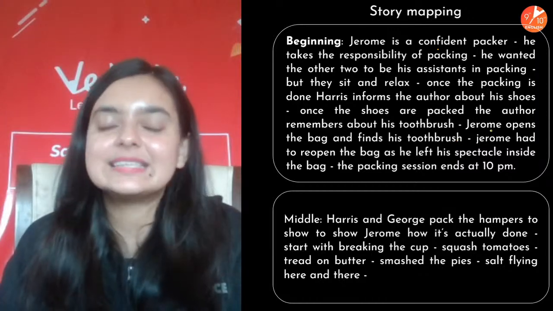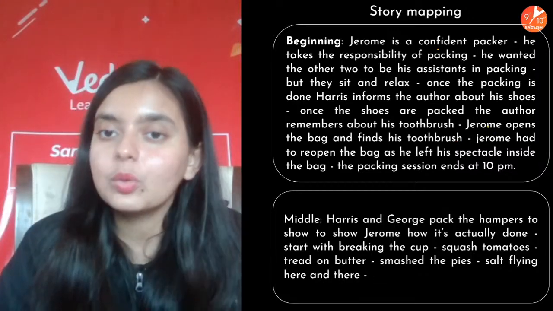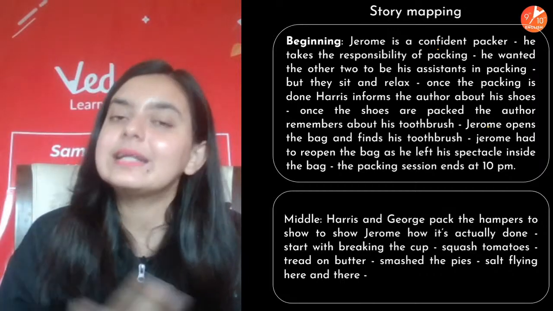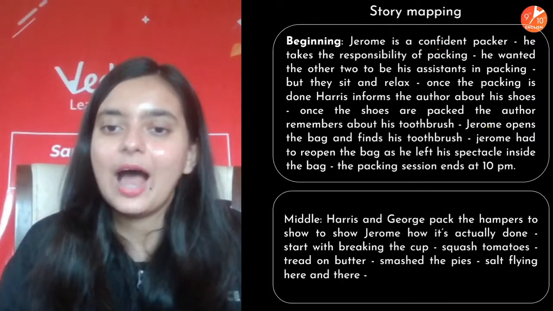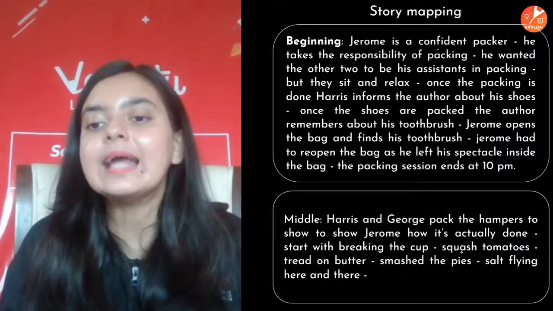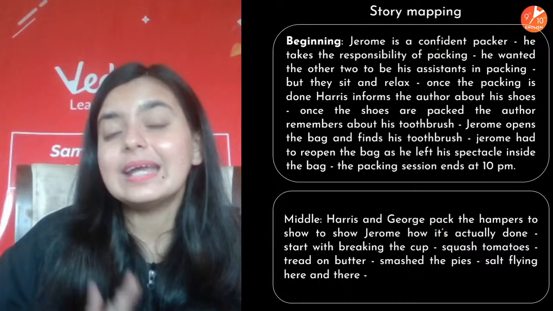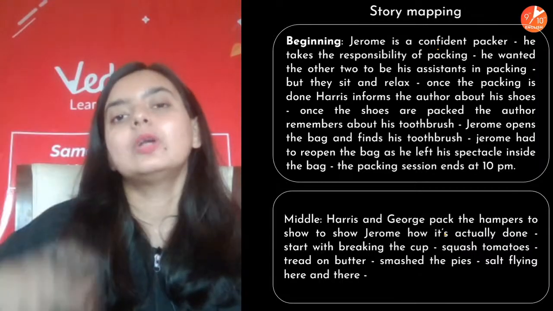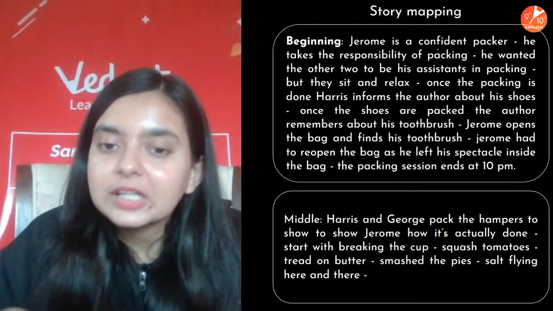So then we see various episodes. The episodes which are important for you are the toothbrush episode, the butter episode, and the episode related to Montmorency. They were packing things in a very clumsy manner, putting the heavy things on top and squashing the lighter things.